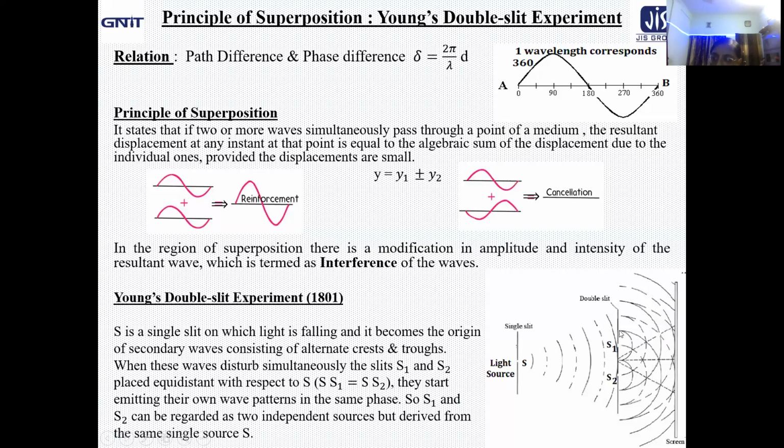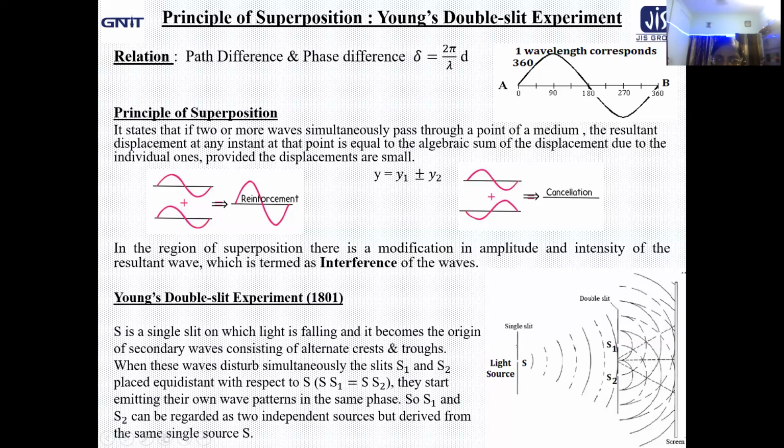With respect to S1, these are the wavefronts you are getting. They will start emitting as if S1 is a source. Similarly, from S2 we will get its own wave pattern. In the region between the second cardboard and the third cardboard, they will superpose or interfere to produce the final interference pattern, which is recorded on the screen.